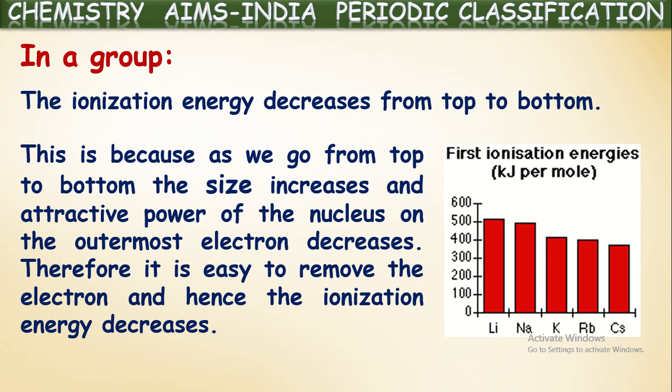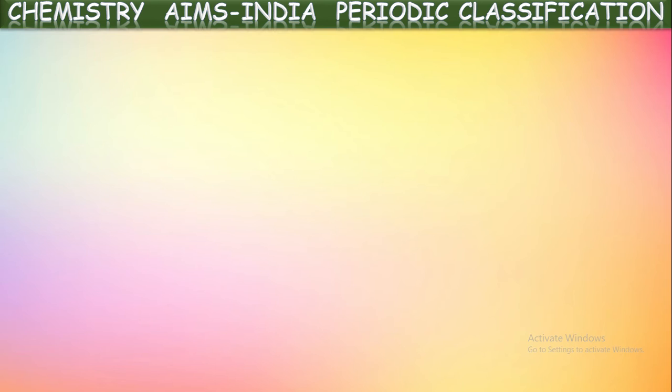Okay, this is about the variation of ionization energy. In a group from top to bottom it decreases, whereas in a period, in general, from left to right, ionization energy increases because size decreases. But in fact, in periods, it is not following any regular trend because of some special electronic configurations and some other effects. Okay, that's about ionization energy.